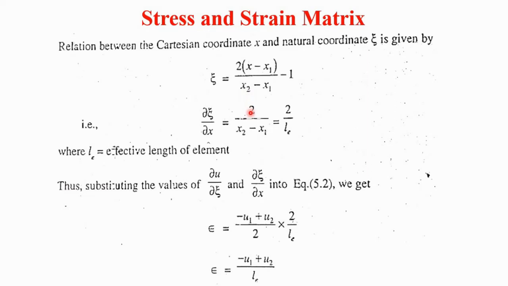This is equal to 2 divided by Le, where x2 minus x1 is the length of the element, as we saw in the previous slide. So ∂zeta/∂x is equal to 2 divided by Le, the length of the element.